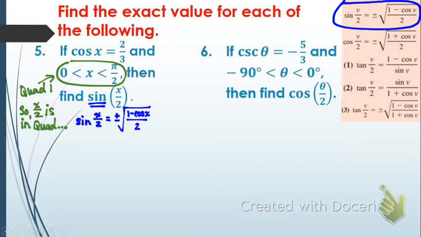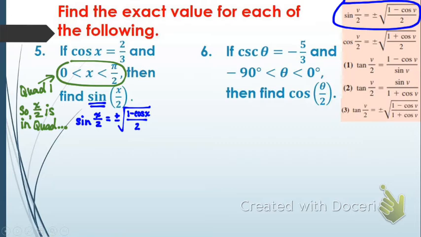Because it's in quad 1, then the half angle's in quad 1. If I have an angle that's between 0 and 90, even if I assume that it's as big as it could be, it's at 90, and I cut that in half, that puts me at 45, which is still in quad 1. Make sense?